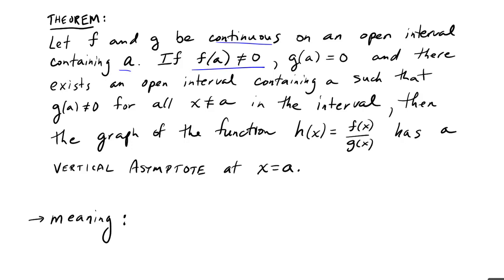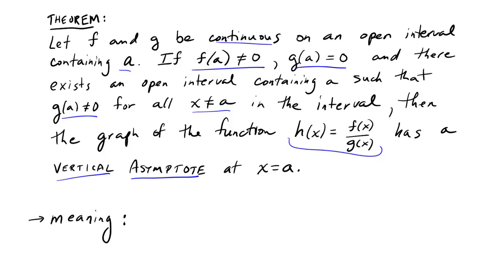If f of a is not 0 and g of a is 0, and there exists an open interval containing a such that g of x is not 0 for all x not equal to a in the interval, then the graph of the function h of x equals f of x over g of x has a vertical asymptote at x equals a. Okay, so let's break this down.